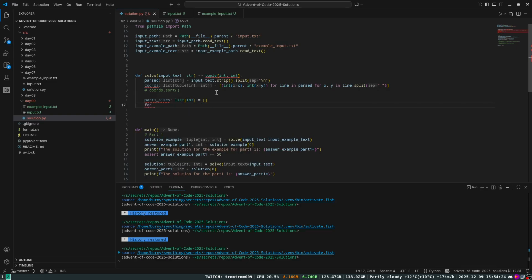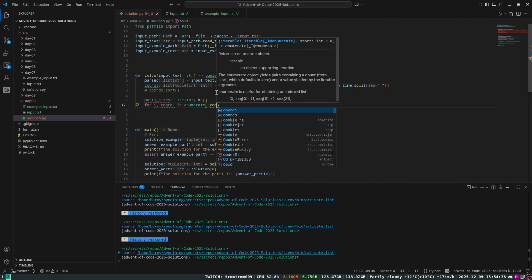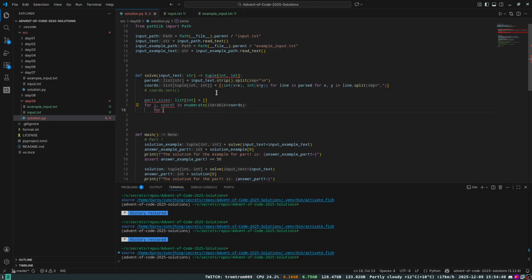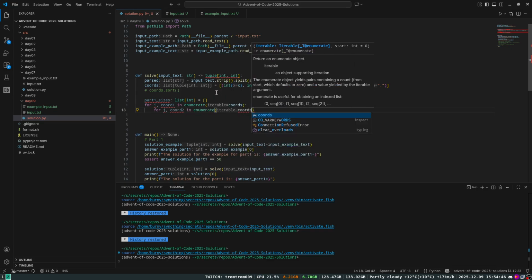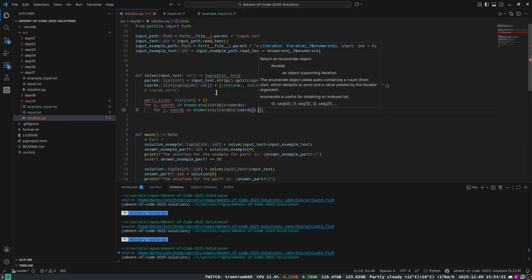for chord 1 in enumerate chords, for j, chord 2 in enumerate chords, can be started at i and after i plus 1.